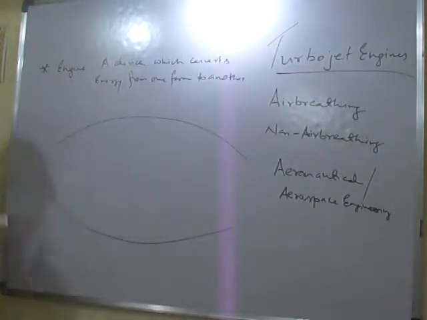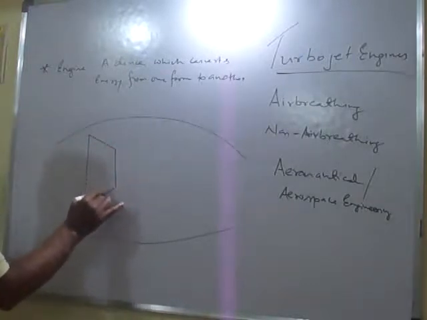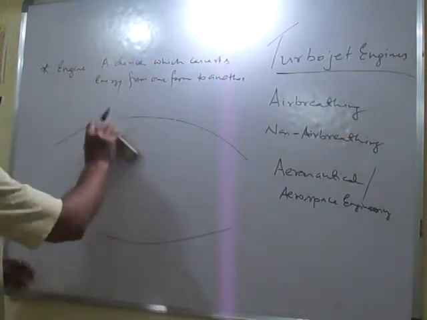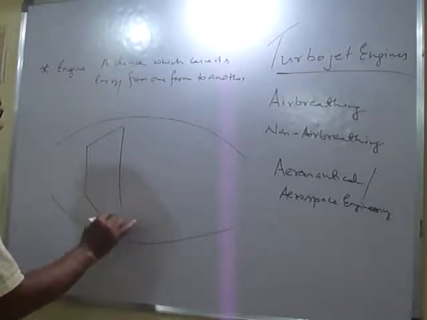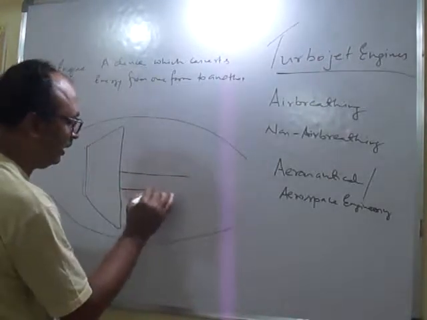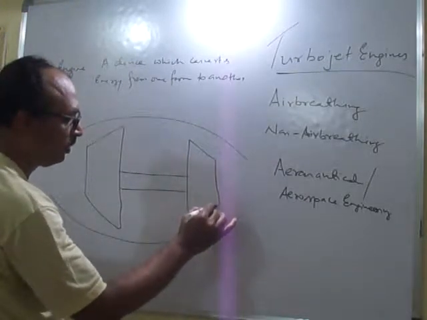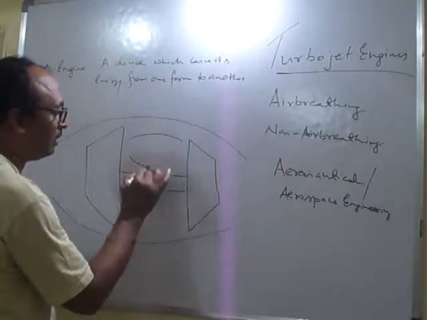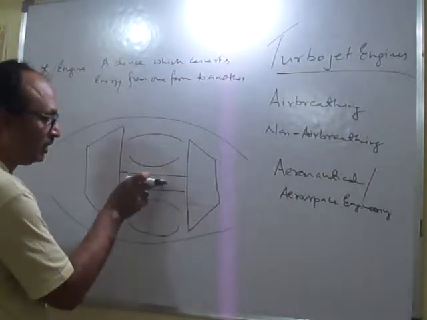Now this duct will consist of a compressor. Then further this compressor is coupled with a turbine, and here we have combustion chambers all around this shaft. This is called the compressor shaft.